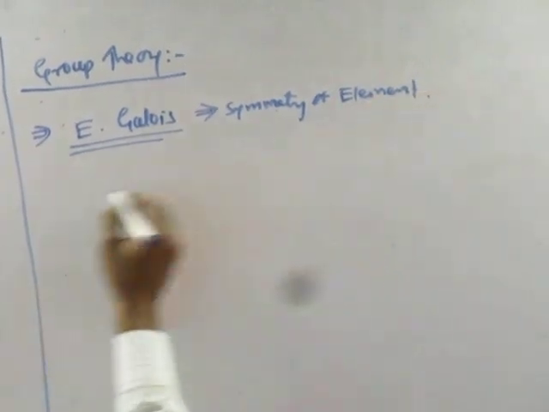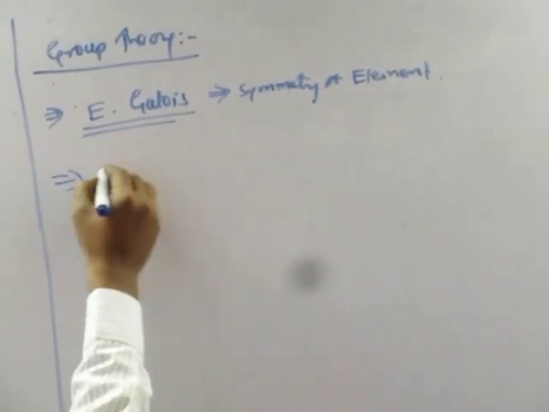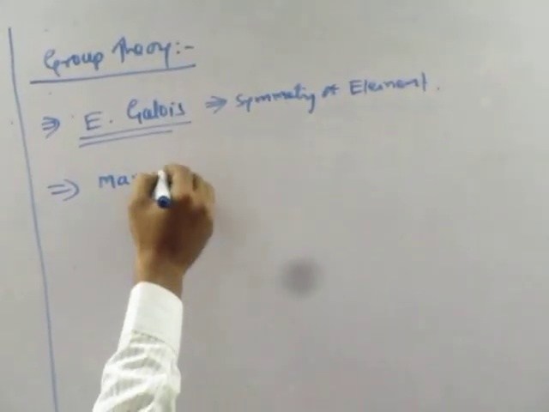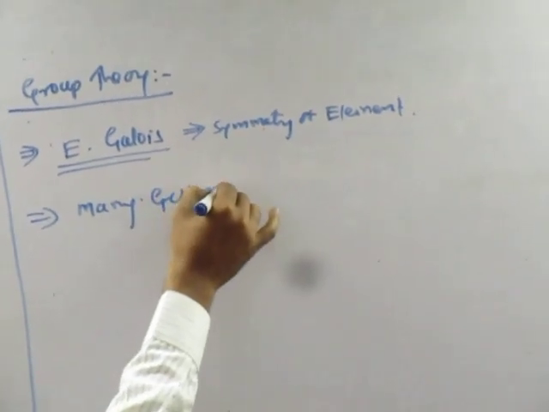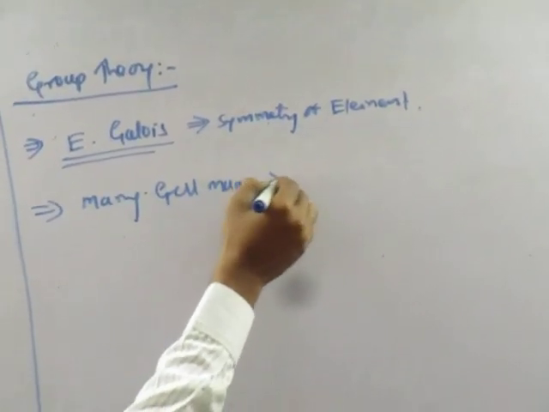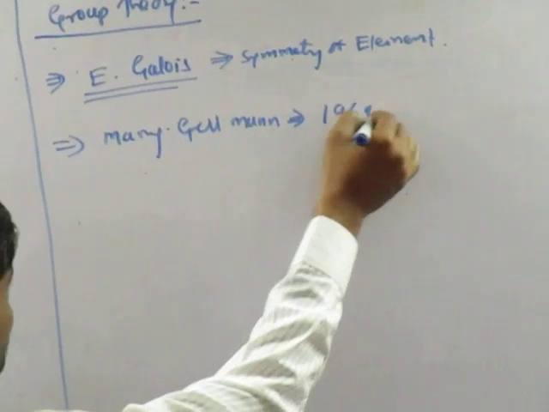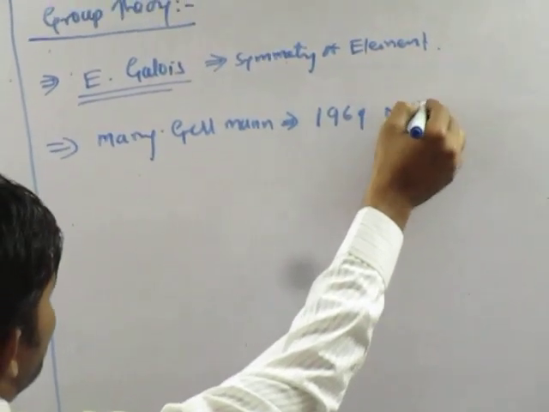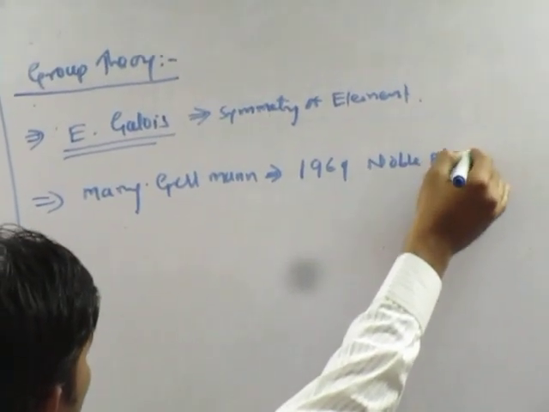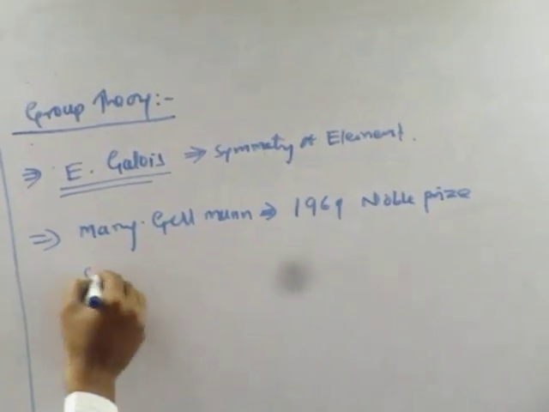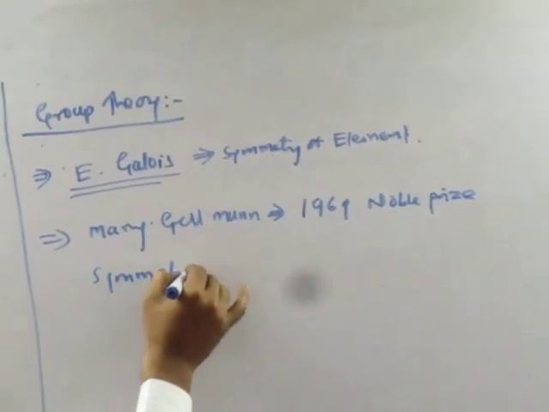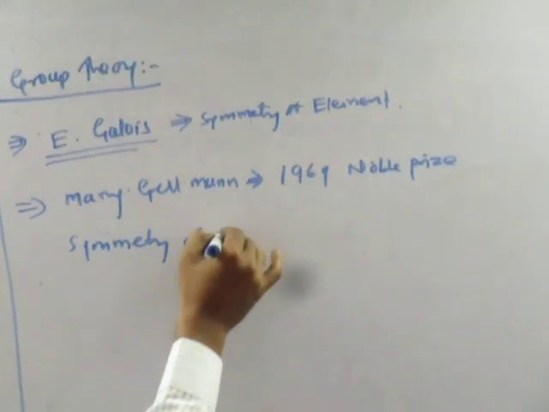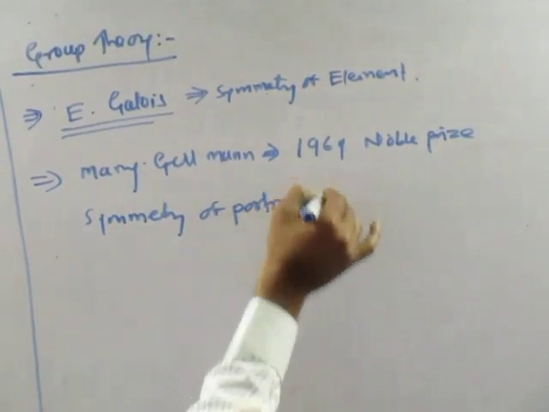And more recently, Murray Gell-Mann was awarded the Nobel Prize in 1969 for the symmetry of particles.